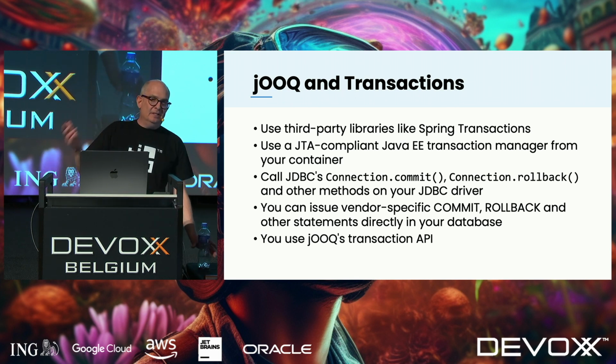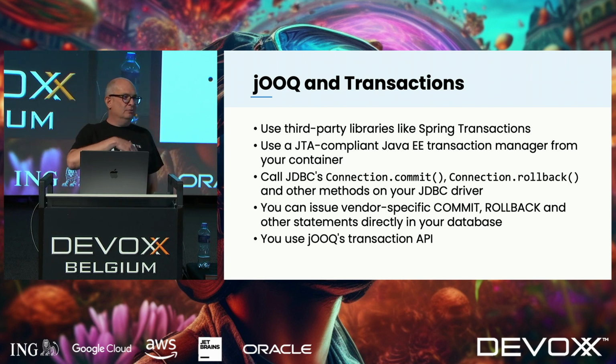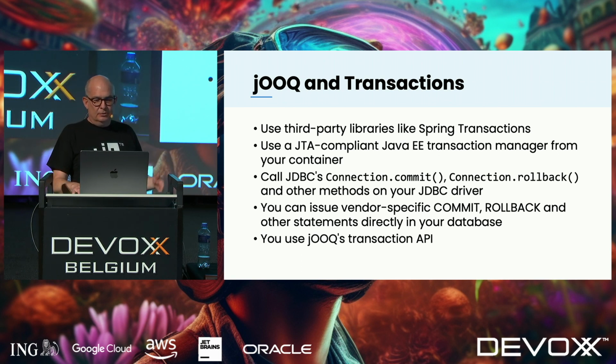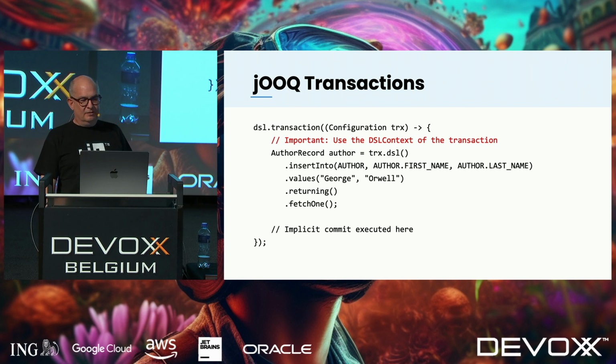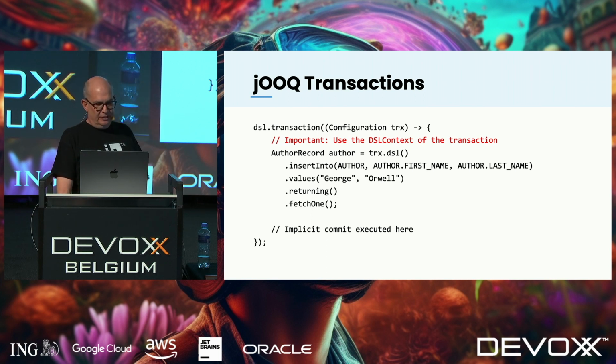So if you don't have anything, for example, if you're using jOOQ in a batch processing application and you don't use a framework for that, like Spring Batch or something, then you could simply use transactions from jOOQ. The DSL has a transaction method that takes a lambda, and in the lambda you get the transaction configuration.